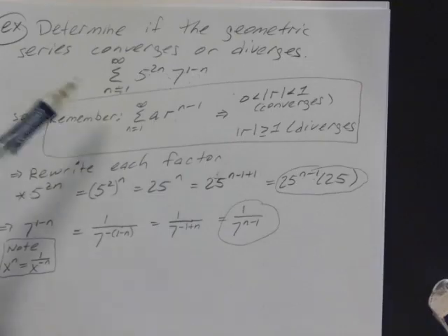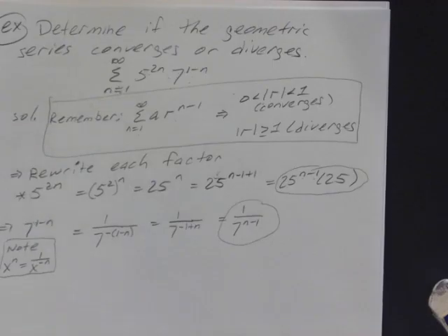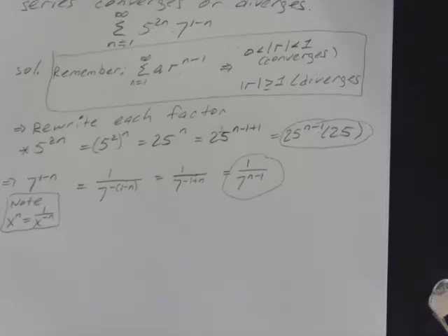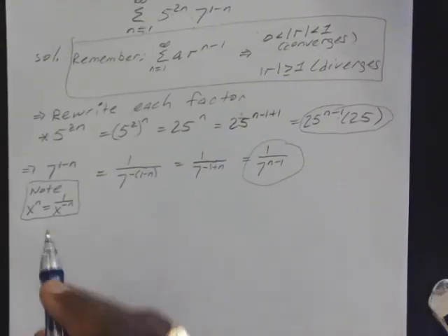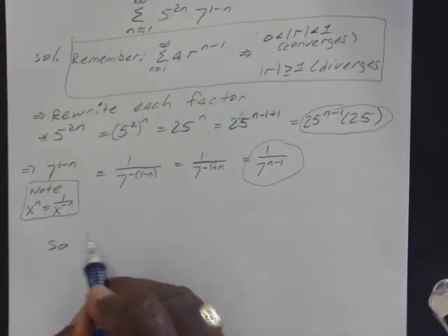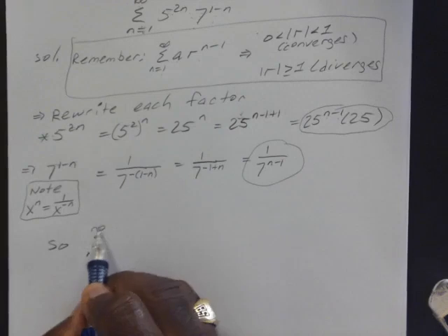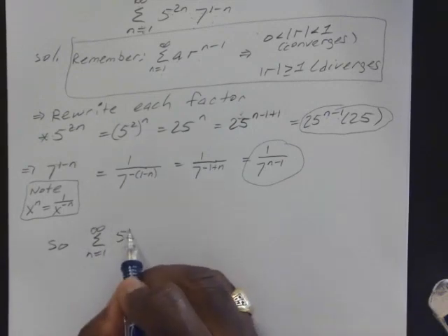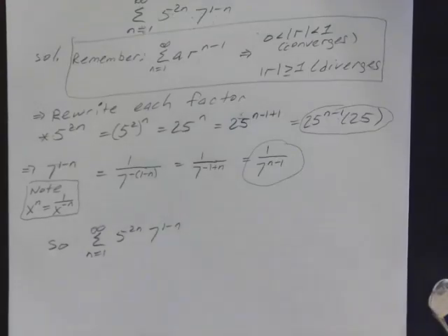Okay, so we wrote both of those as some value to the power of n minus 1. That means we take our original sum from n equals 1 to infinity, 5 to the power of 2n times 7 to the power of 1 minus n.